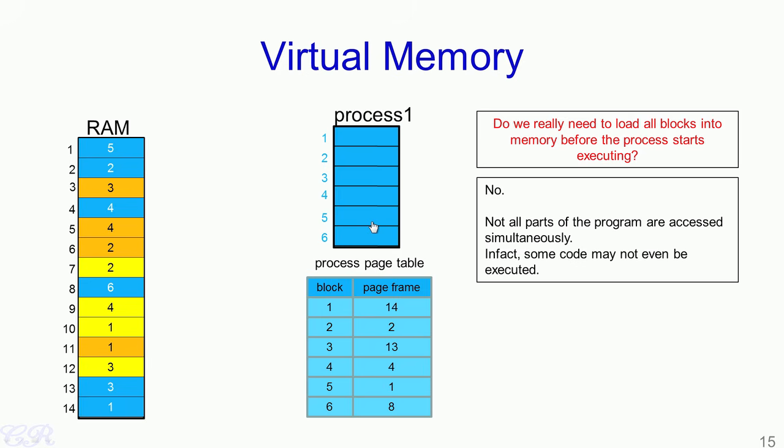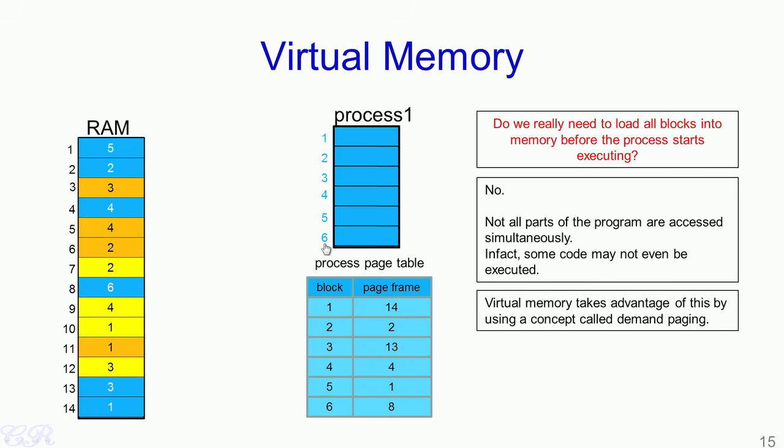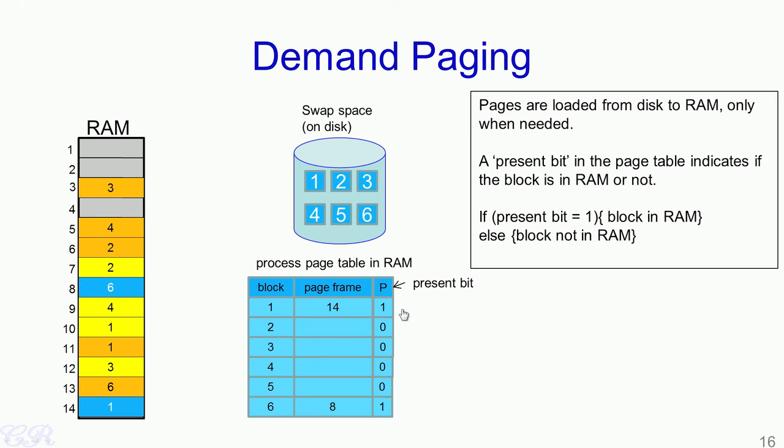So, what the virtual memory concept does is that it takes advantage of this locality aspect during the execution by using a concept known as demand paging. In a demand paging scheme, on a secondary storage device like a hard disk, there would be a particular space allocated as the swap space.